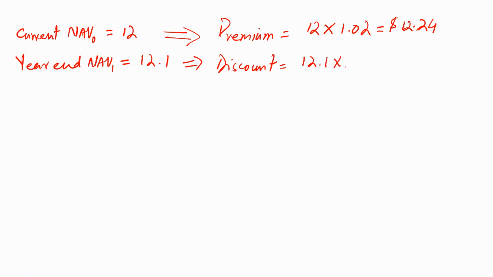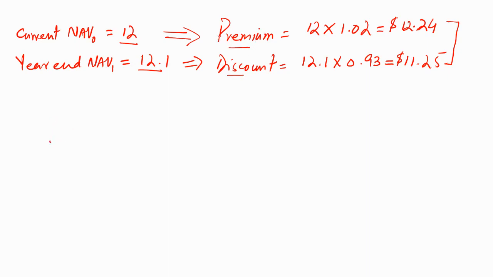And if 7% was the discount, I can calculate the discounted value by multiplying 12.1 by 0.93, because 7% is the discounted amount, so the leftover percentage becomes 93%, which gives me a value of 11.25. These are the values we will use in the return formula and not the actual NAVs, because in closed-end funds we have to account for the premiums and discounts.